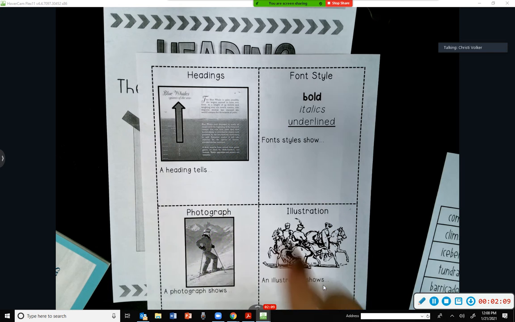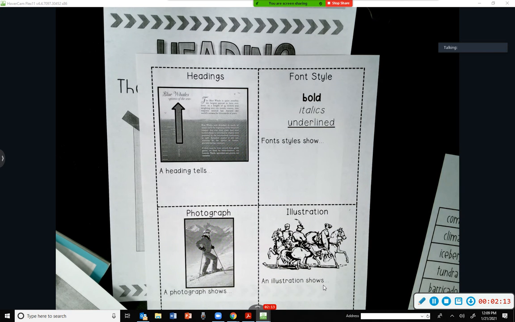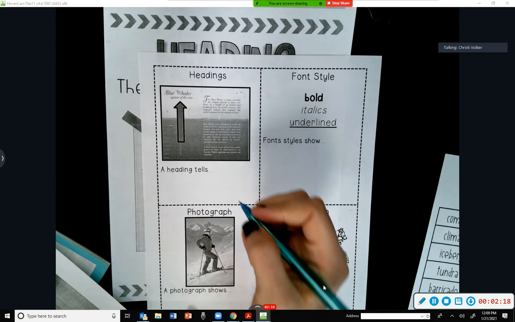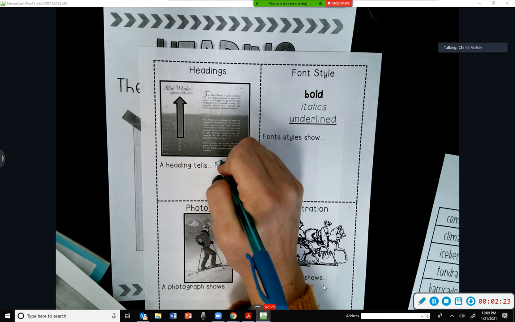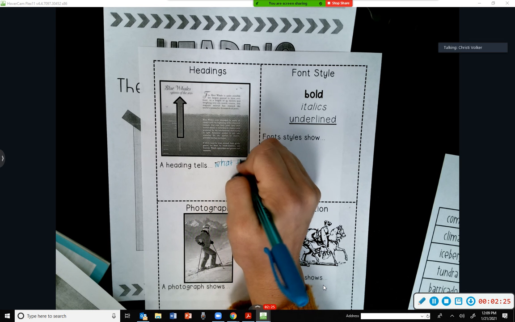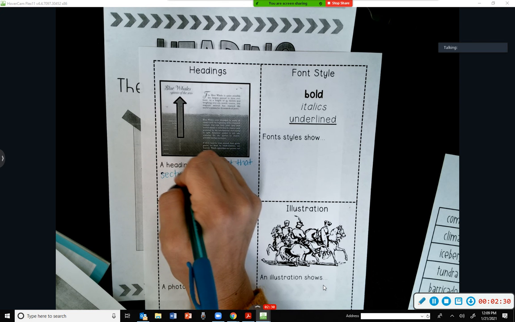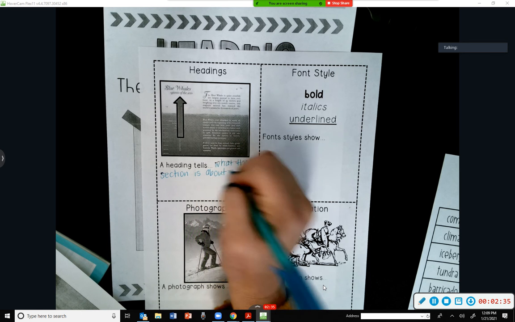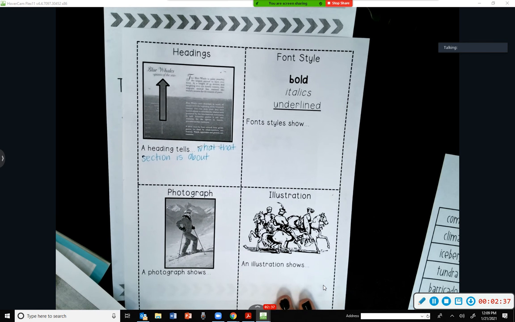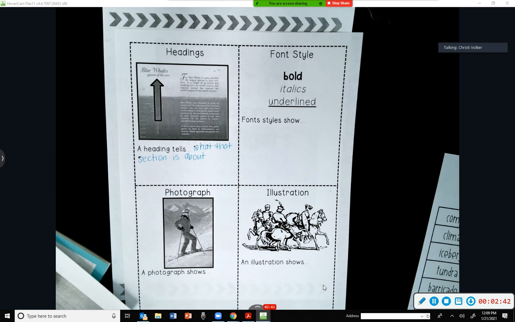What is the heading going to tell you? Bryson? It's going to tell you, the heading's not going to tell you facts. It's going to tell you what that section is about, right? Okay. So we saw a lot of those in our book.